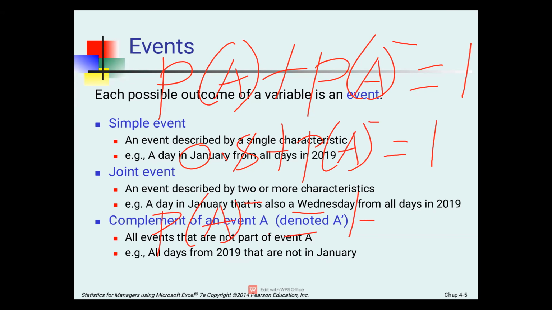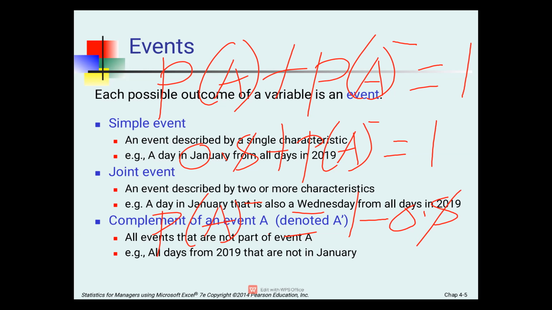So you say 1 minus what? 0.8. And that will give you the probability of the event not happening, which is basically the complement of the event.